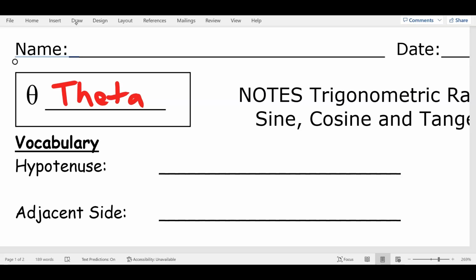If you've heard of pi, that's a Greek letter. And if you've ever seen college sororities or fraternities, they're Greek letters: alpha, omega, omicron. So anyways, theta is just another letter.